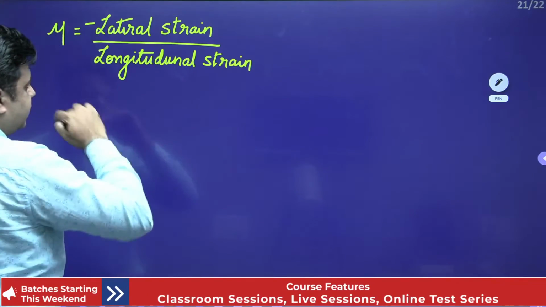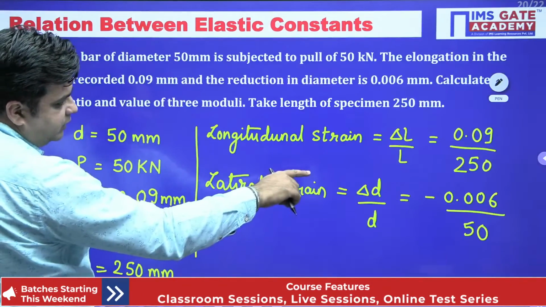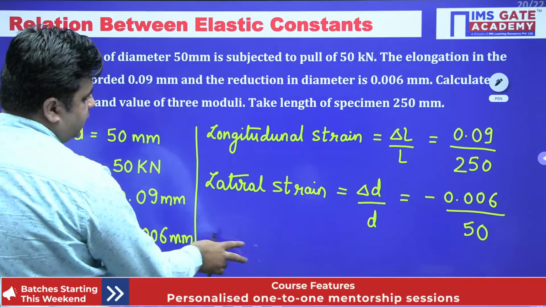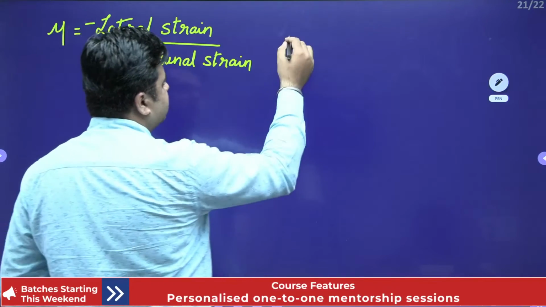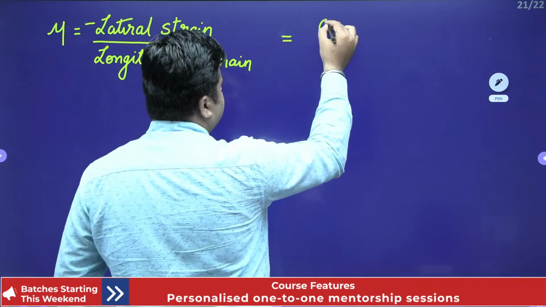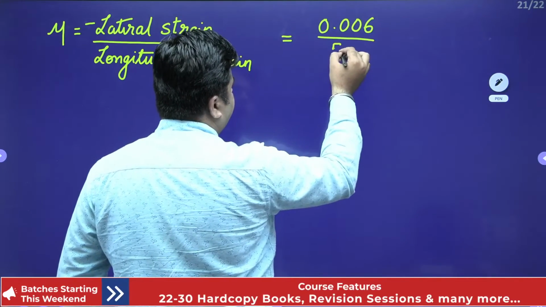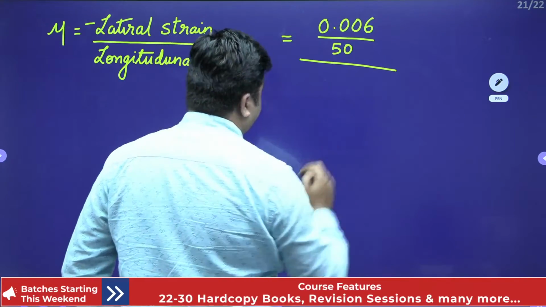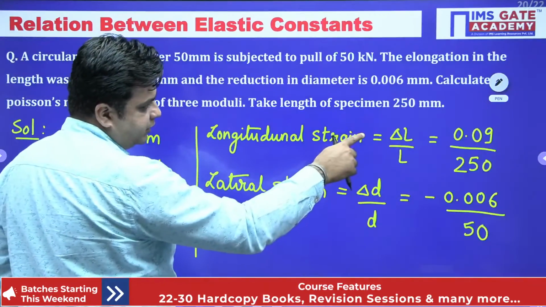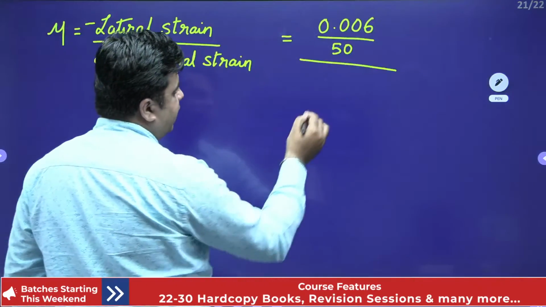Lateral strain is 0.006 by 50, and the minus signs cancel out each other. So this is 0.006 divided by 50, and your longitudinal strain is 0.09 divided by 250.